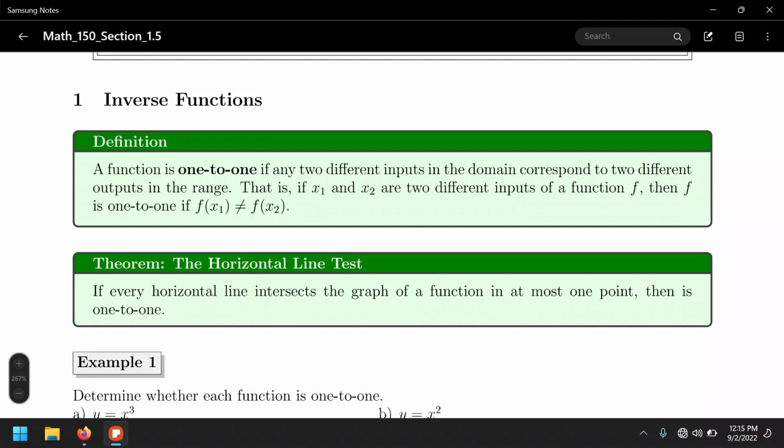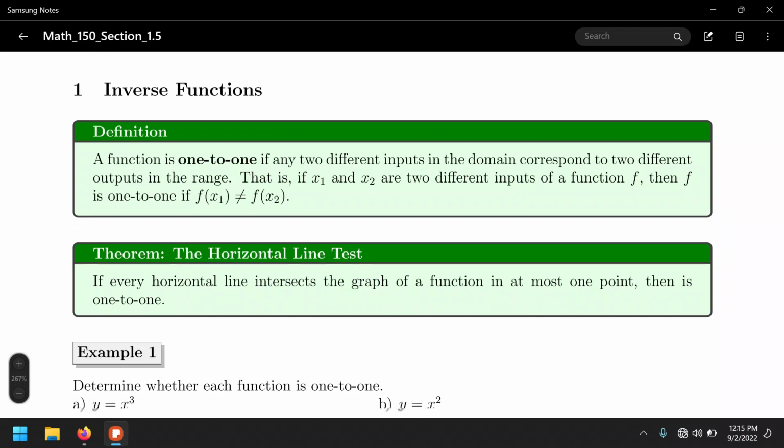If you think of a quadratic equation, the parabola, for example, we may get the value of y equals 4 for two different values of x, that is for positive 2 and negative 2. So in this case, it's not a one-to-one function. That is, the definition is that we don't get the same value of y or f of x for different values of x. That's the formal definition.